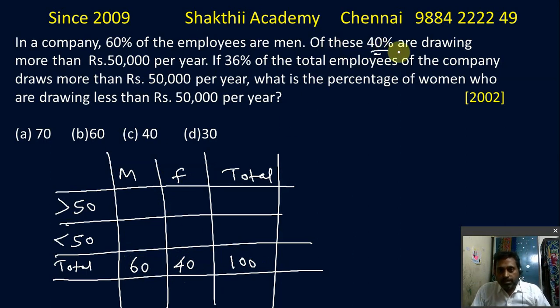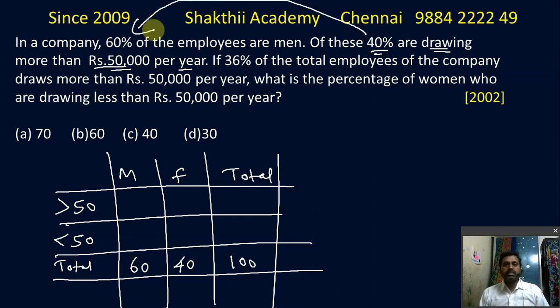Of these, 40% are drawing more than 50,000 per year. That is what is given. Of these 40% means they are talking about these people, among the 60 men. 40% are drawing more than 50,000 salary.